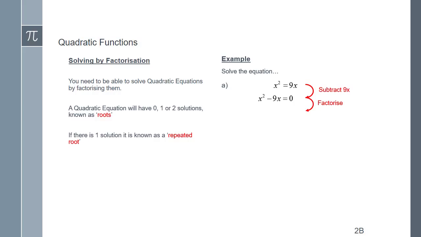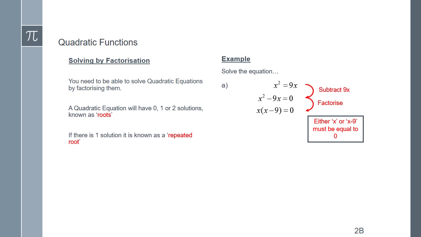So we can take the x out as a common factor and we end up with x(x minus 9) equal to 0. So we have the product of two things that is equal to 0. That must mean that one of the things must be 0 for the product to be 0.